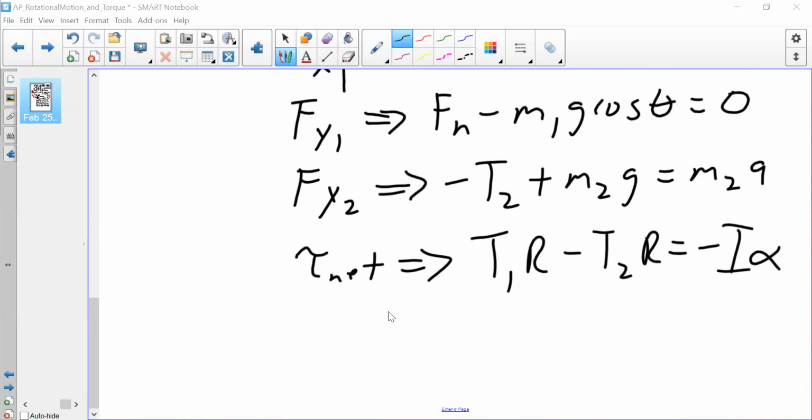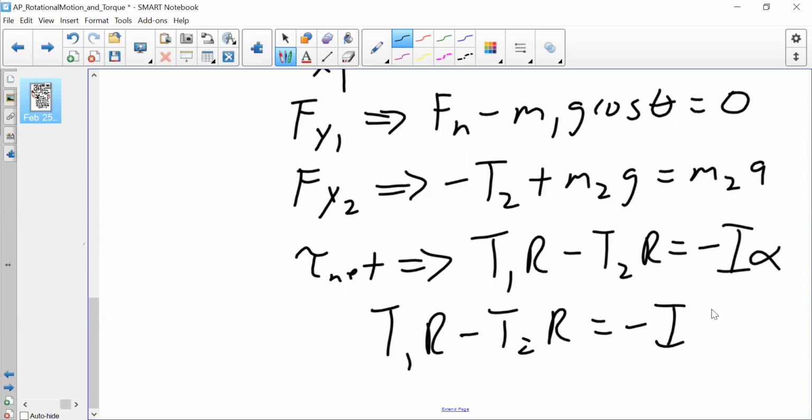So expanding this out here, so we have T1R. And alpha is A divided by R. A we know is going to be 2 meters per second squared. And so all we have to do is solve for our tensions, and then we can get our moment of inertia. And we have our radius already.